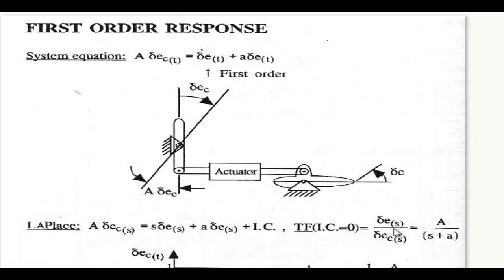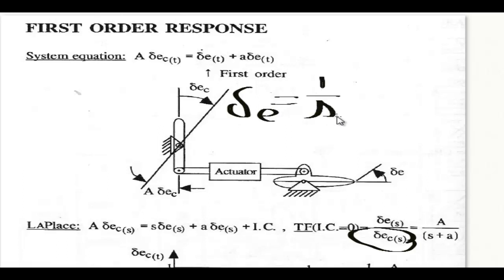Now, if the commanded input is going to be a step, then we can replace it with 1 over s. And then that's going to give us our output, elevator, is equal to 1 over s, which is the input, times a over s plus a.